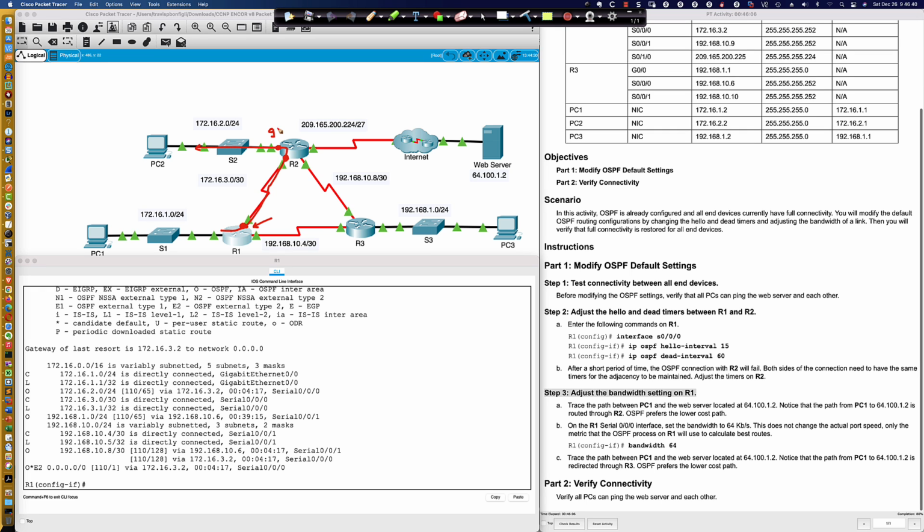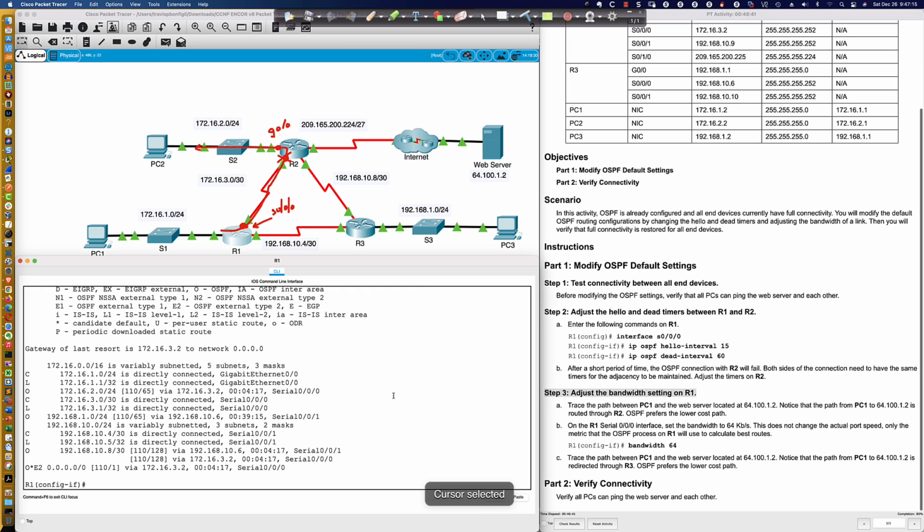So we're going to say gig 0/0 is an outgoing interface, and serial 0/0/0 is an outgoing interface. Interfaces out which I have to go to get to that network, not interfaces into which I go. I'm coming in this interface and going out. We want the outbound interfaces when we're calculating this magical metric number of 65.